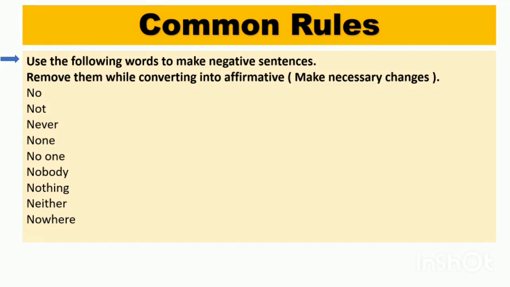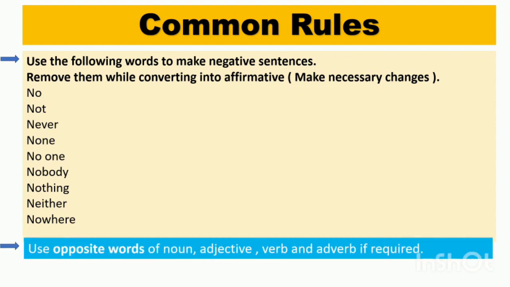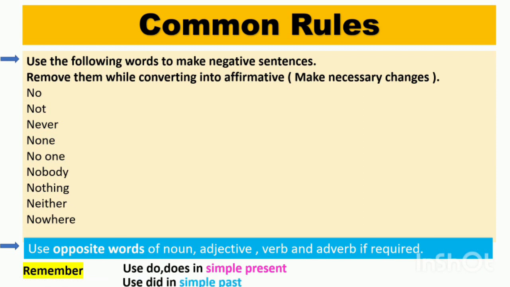Second rule is to use opposite words of noun, adjective, adverb, verb if required. Next, sometimes in simple present tense and simple past tense we will also have to add some of the verbs like do, does, and did. Do, does is used in simple present and did is used in simple past tense.